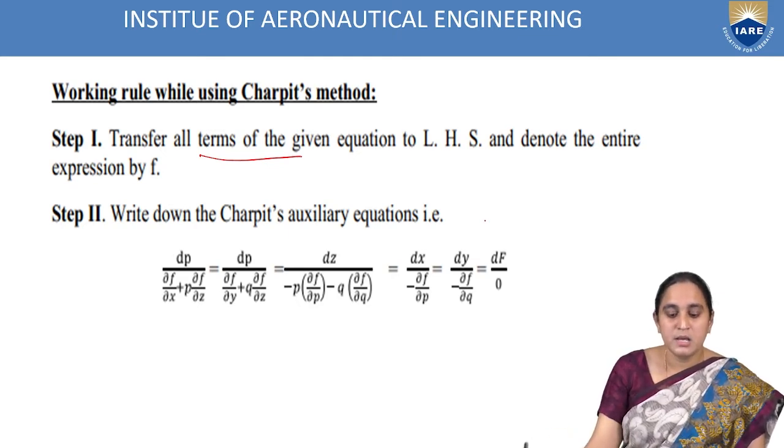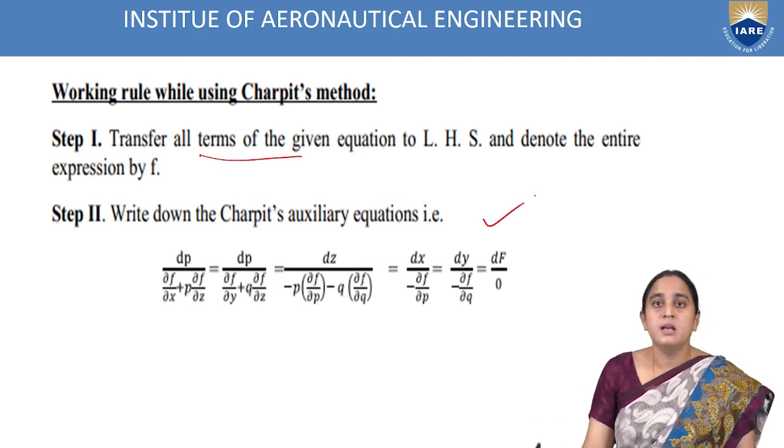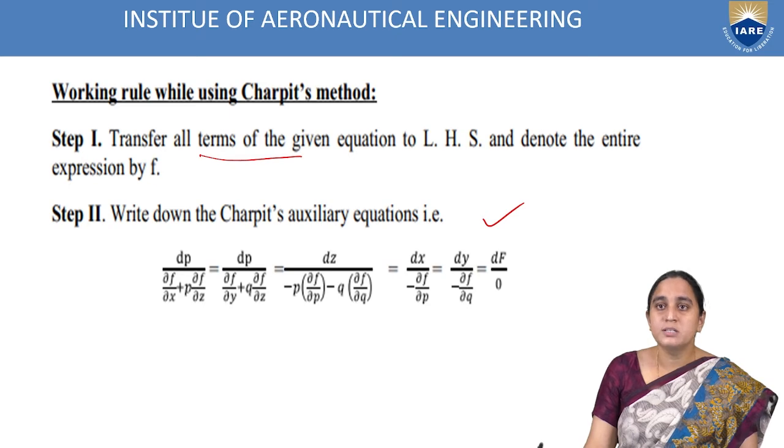Next step, write down the Charpit's auxiliary equation. This is the major part of the problem. The auxiliary equation is very important for Charpit's method.